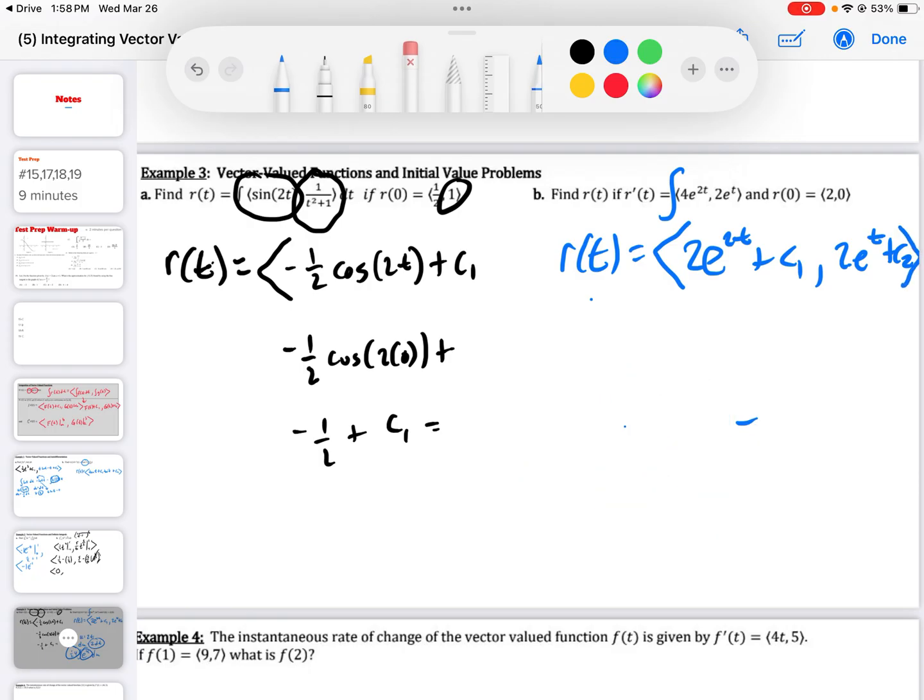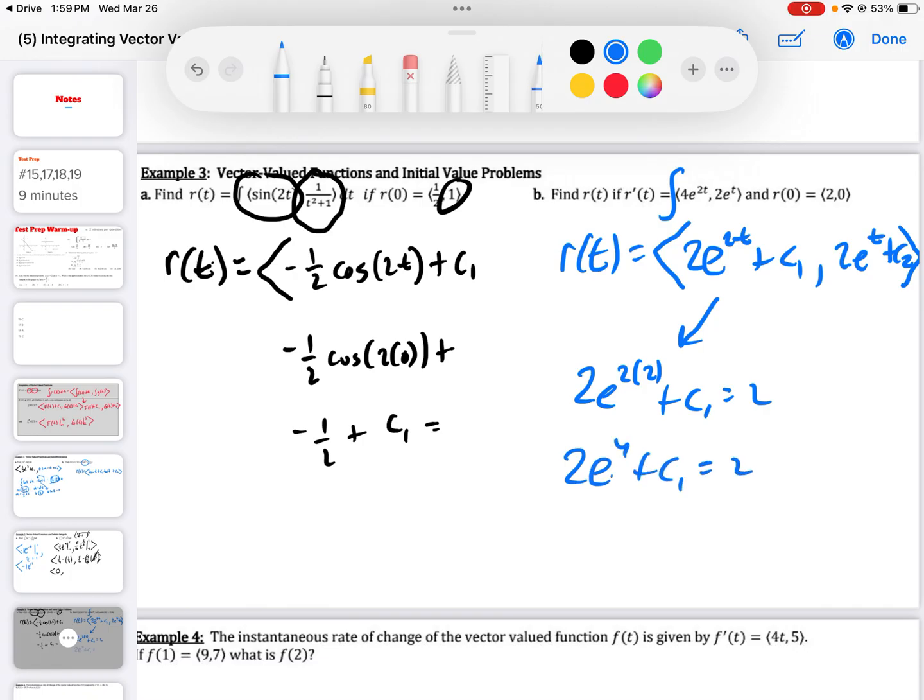Okay, plug in your initial conditions to find that constant of integration. So for this one, if I plug in 0, I get 2. So this is 2 plus c1 is equal to 2, so c1 is equal to 0.